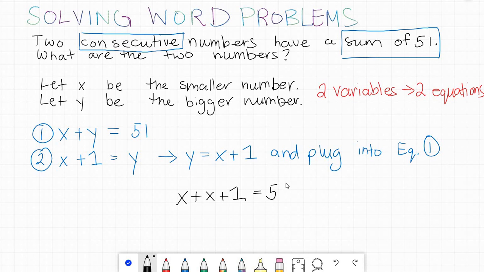So now I know that x plus x plus 1 is 51. And I'm going to put my two x's together, and that'll give me 2x plus 1 is 51. And now I just need to go ahead and solve this for x. So when you're rearranging an equation like this, you're trying to get something by itself, you need to start unpacking the things that are kind of hanging on around it.